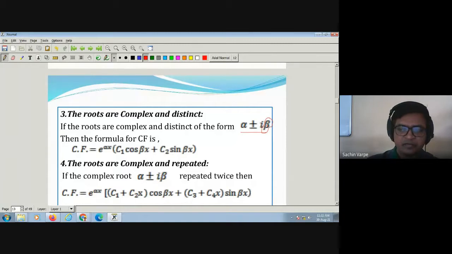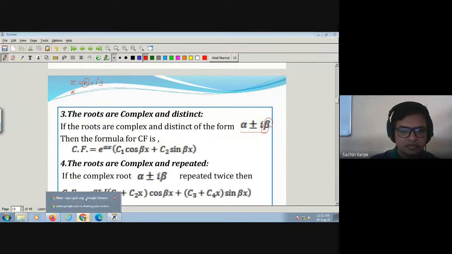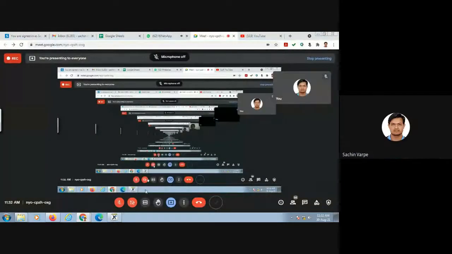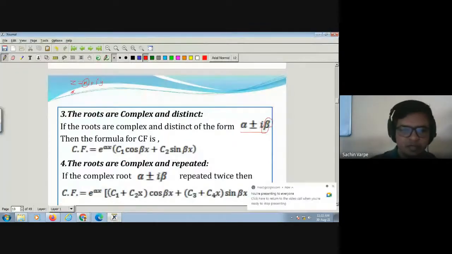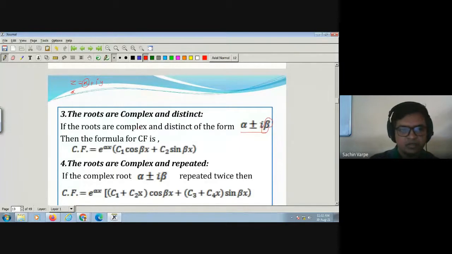Most of the students are getting confused with real and imaginary parts. Suppose we have z equal to x plus iy as a complex number, then x is called the real part of complex number z, and y is called the imaginary part. Most of the students are considering i along with beta. That is wrong. Beta is only the imaginary part.